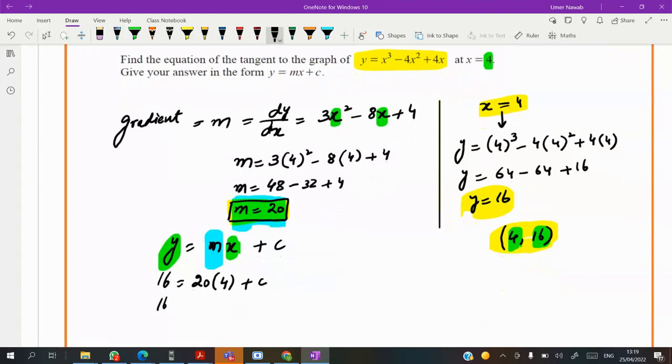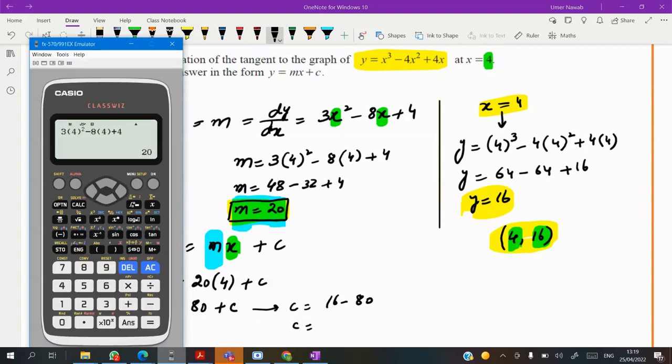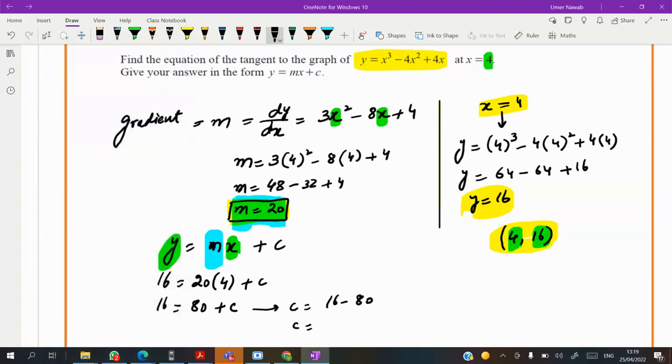So 16 equals 80 plus c. So c equals 16 minus 80. So what do we get, guys? 16 minus 80 is minus 64. So we got c equals minus 64.